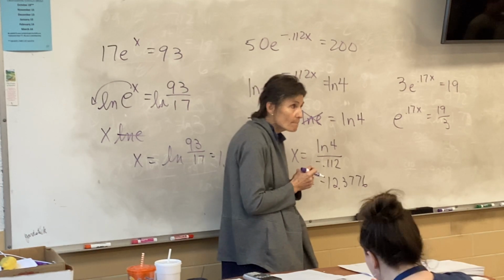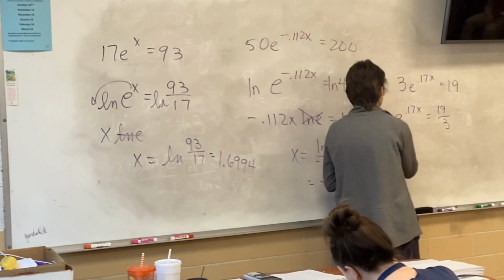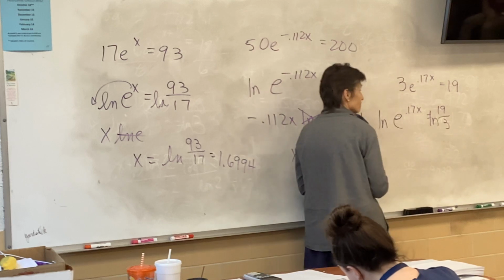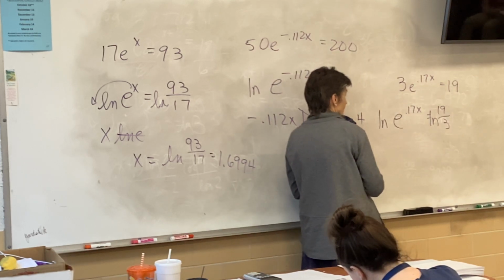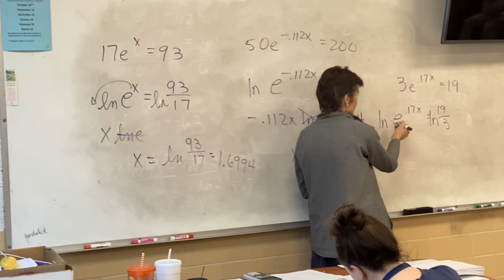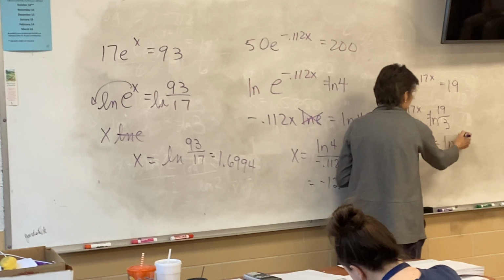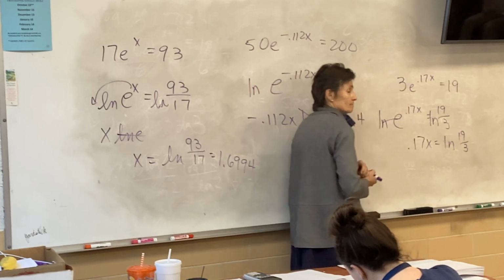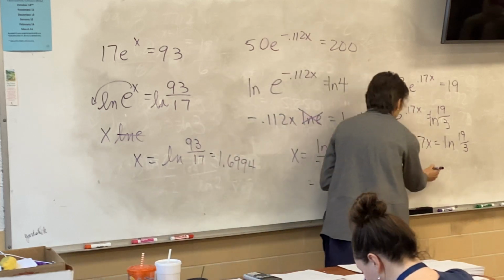Now what? ln. These guys are touching each other. 0.17x equals ln 19 thirds. Divide by 0.17.